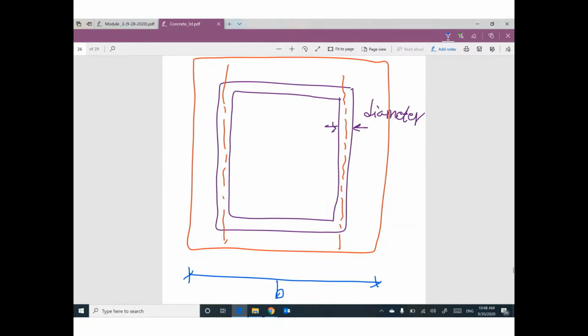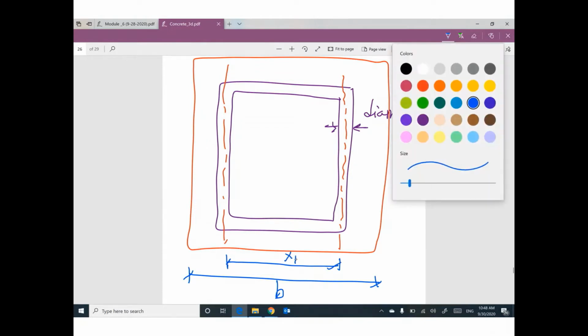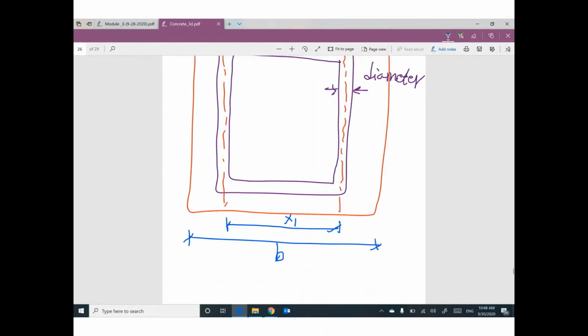I'm talking about this distance, which is called X1. So if you would like to get X1, X1 will be B, the total width, minus this distance and this distance, which is cover times 2, minus this little distance and this little distance.